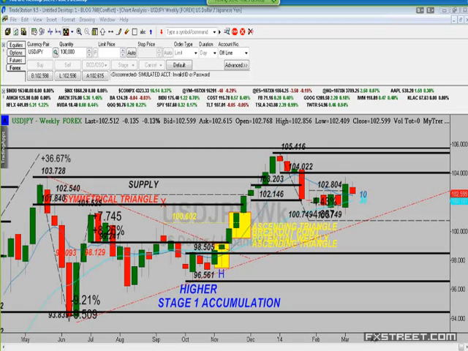Now, I want you to notice these two demand levels. The closer one, which we call the proximal demand level, is at around 98.92. All right. And again, it's a level where there was a strong rally. So we assume that there will be unfilled orders to buy dollar versus yen at that point.